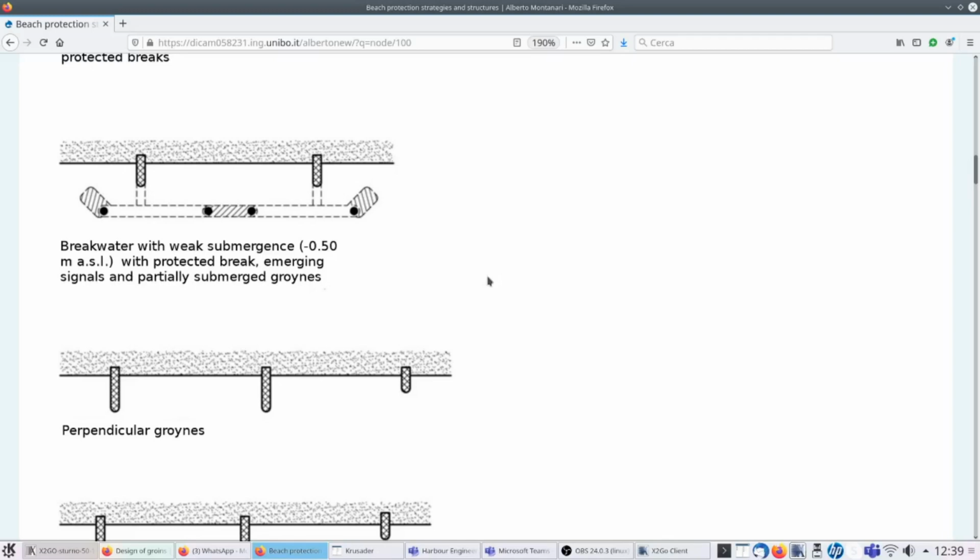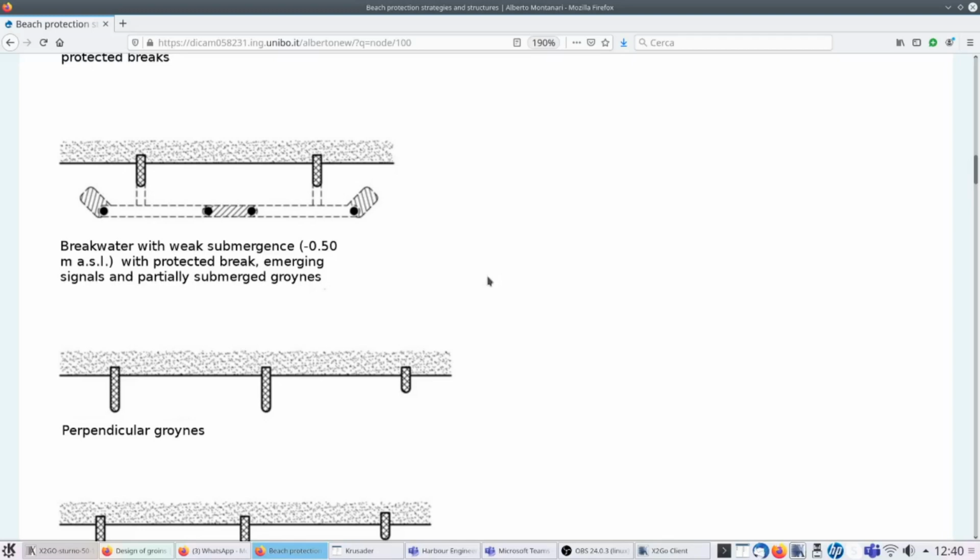When you combine different structures, usually the impact in terms of visual appearance and artificialization, I cannot pronounce it well, but I hope you understood, is a considerable impact. And this is why in some cases submerged structures are preferred.